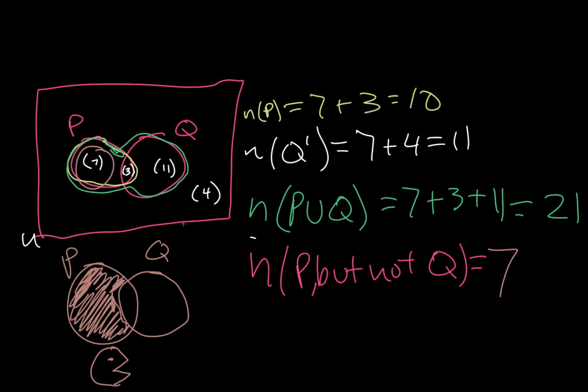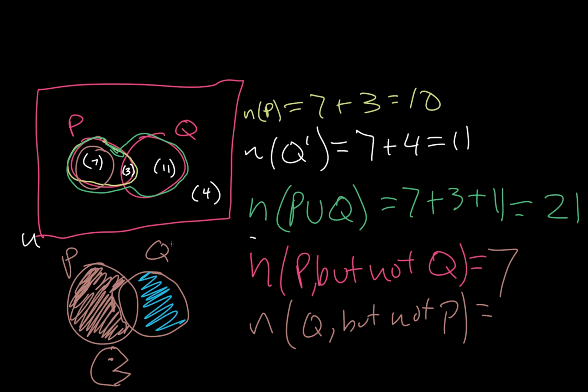Okay. And then we want to do number of Q but not P. It's the same thing, but it's the other Pac-Man portion. This time it's going to be this one, represented just by the 11 right there.